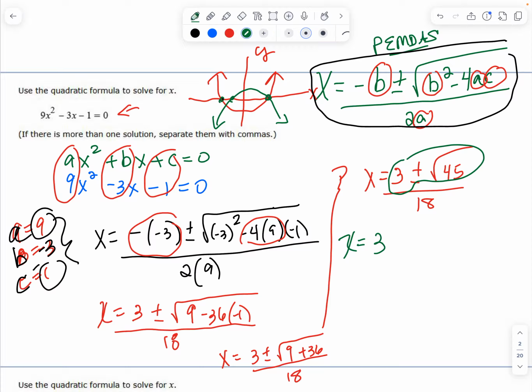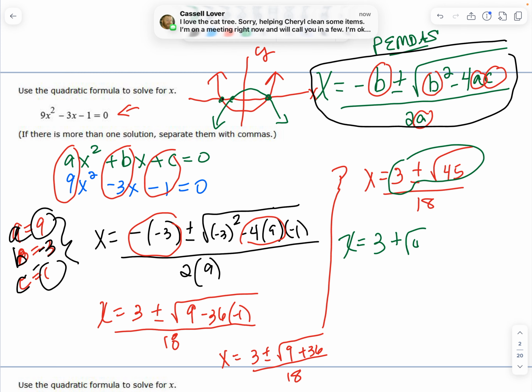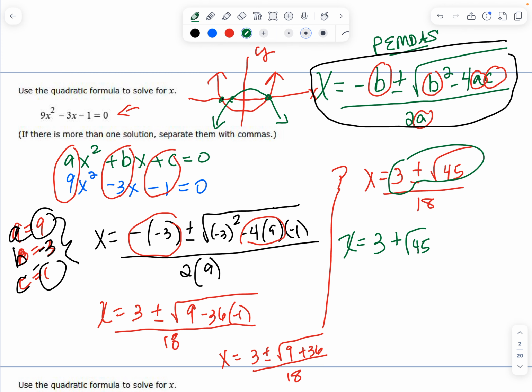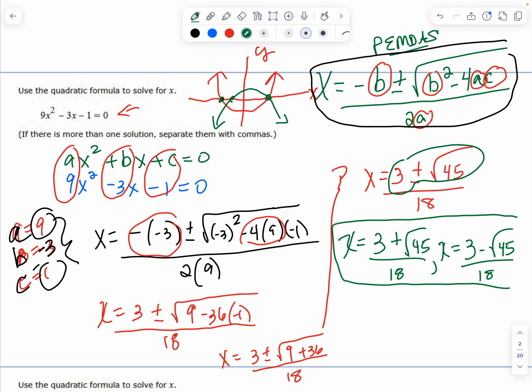So 3 plus the square root of 45 over 18, comma, x is also equal to 3 minus the square root of 45 over top of 18. So the ALEKS program will accept these two x-intercepts. They're not beautiful x-intercepts, you know, they're kind of ugly, but that's okay. X-intercepts don't care.